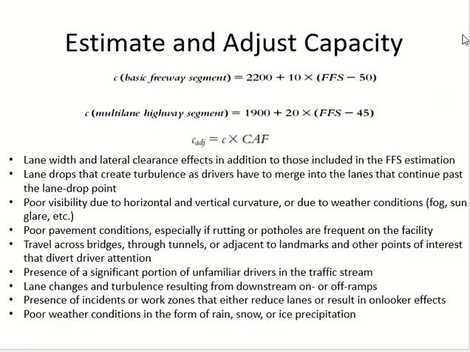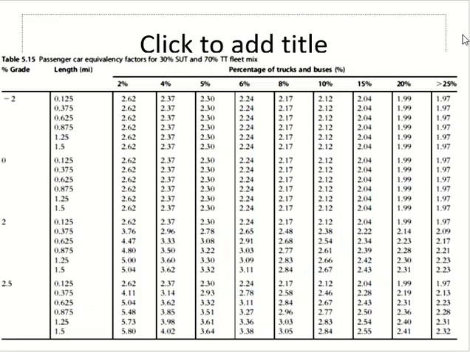This one. So this will give you CIFL, capacity of freeway under ideal condition. This is already per lane, so you don't have to worry about per lane or total. Clear?